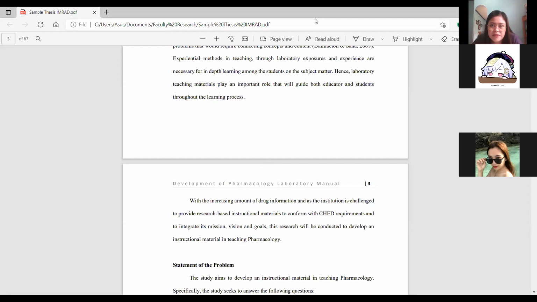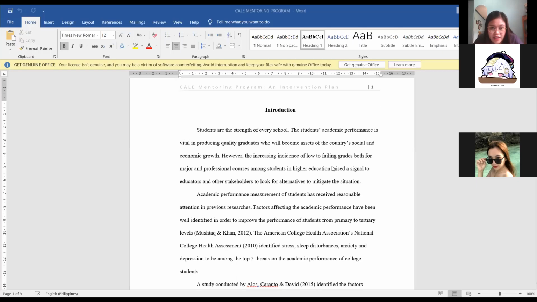Let me see if I still have a copy of another one. Kung paano siya gi-introduce ang problem. This one is another study. This one is the recent one I made, pero this is in collaboration with a nursing na teacher kasi this is intended for nursing actually.